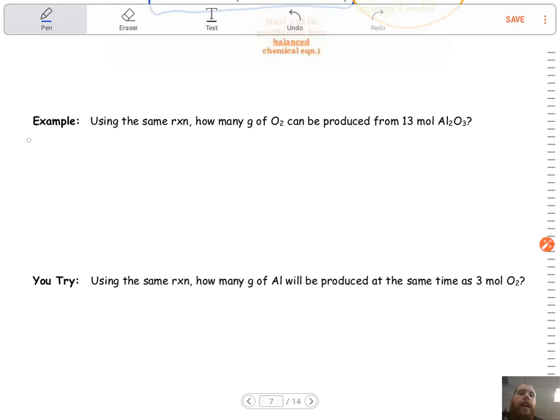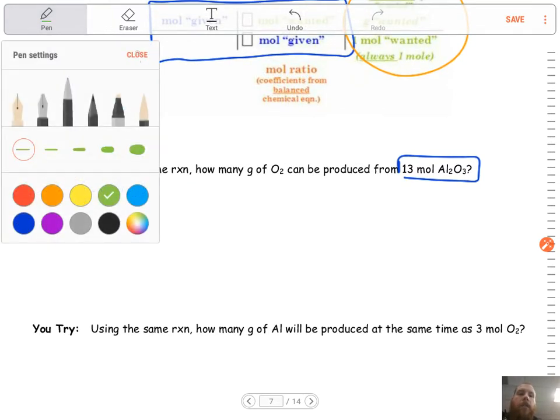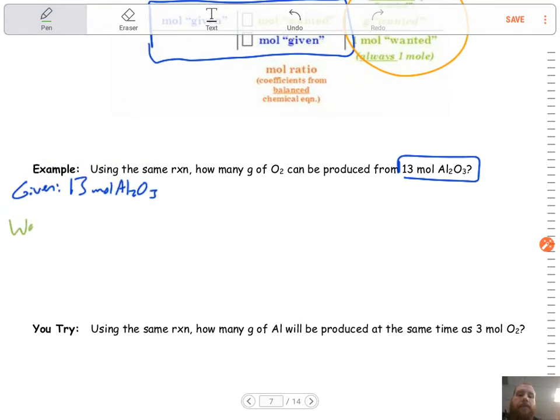So again, we've got our given, which in this case is 13 moles of aluminum oxide, and then we're identifying our wanted as well. How many grams of O2 can be produced? If we have a starting material, we can figure out how many grams we will actually end up with.